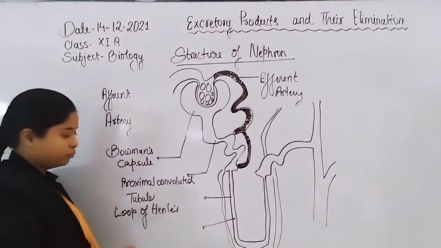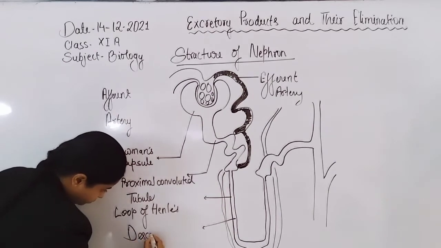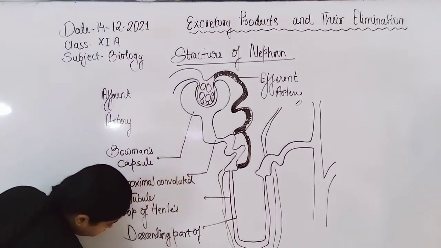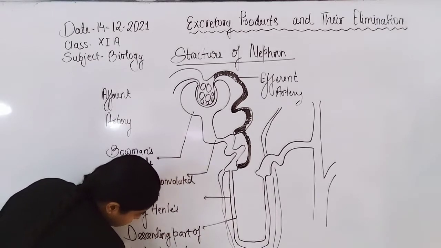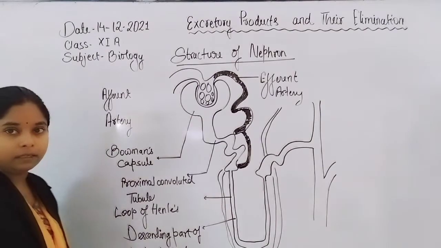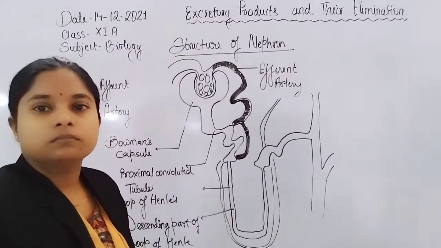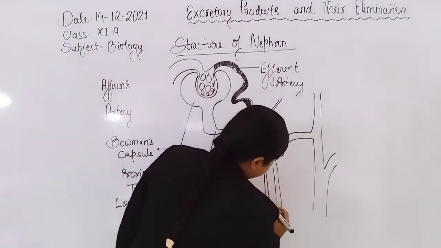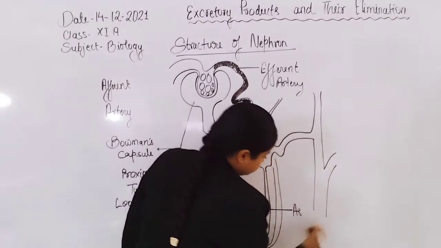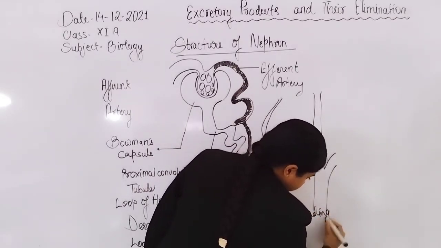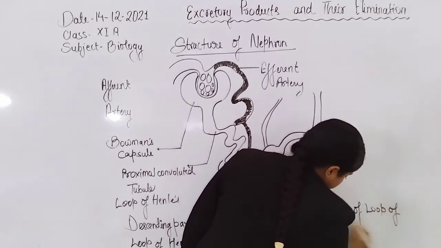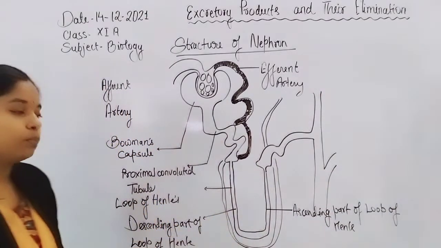Here is the descending part, and this one is the ascending part of the loop of Henle.